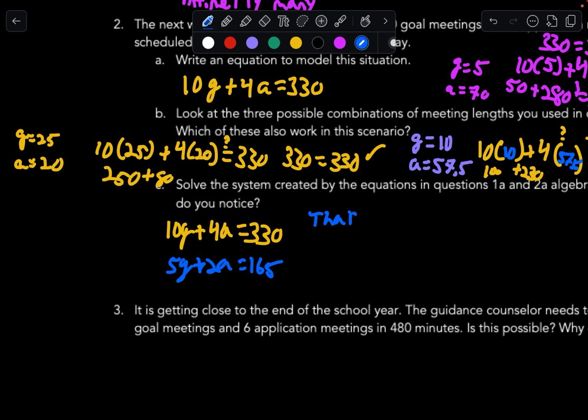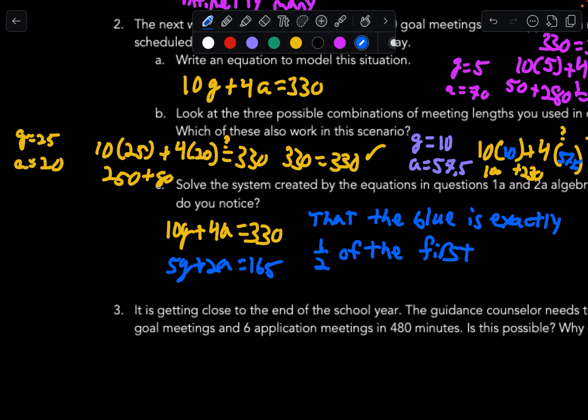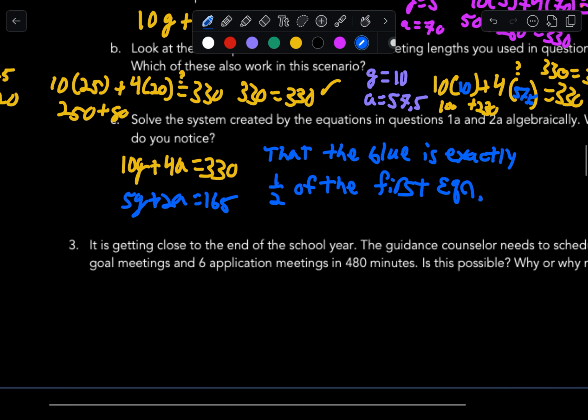What do you notice? That the blue equation, the second equation, is exactly half of the first equation, or the yellow equation, all right? They're half.